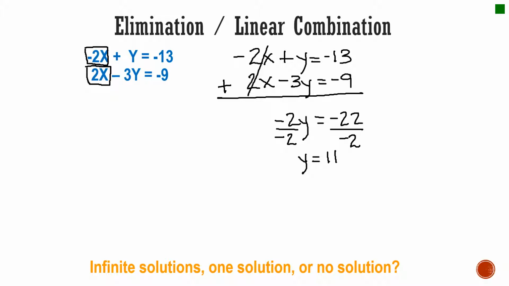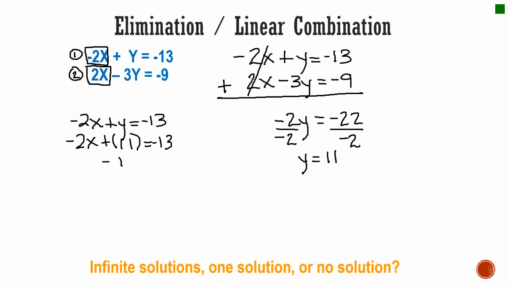From here, remember, I'm going to go back to any equation that you want. You can choose one or you can choose two. It doesn't matter. So I'm going to choose the first one, but it's up to you. It's negative 2x plus y equals negative 13. I'm going to plug in my y, not the x. I found y. So that's plus 11 equals negative 13. So I'm going to subtract 11 on both sides here, and we can find out what this x is.